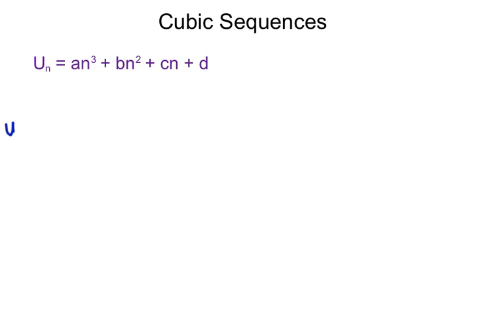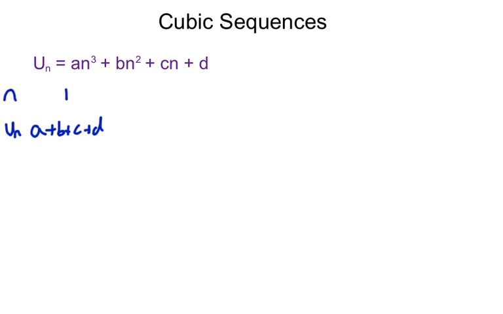So when n is equal to 1, we get a plus b times 1 is b, plus c times 1 is c, plus d times 1 is d. That's when n is 1.